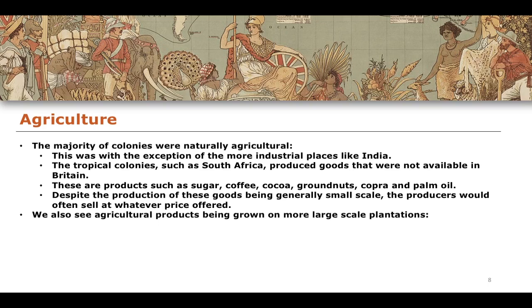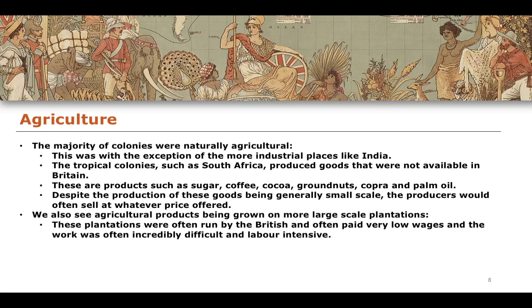And so we see agricultural products being grown on more large-scale plantations. These plantations were often run by the British, and they often paid very low wages for the work, and it was very, very difficult, labor-intensive work. In fact, a lot of plantation work is really where the beginnings of the Atlantic slave trade took its shape in and across the Americas.